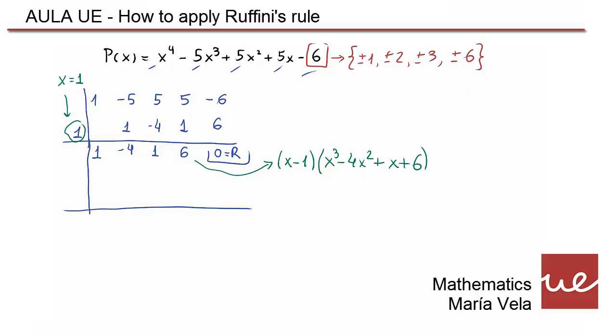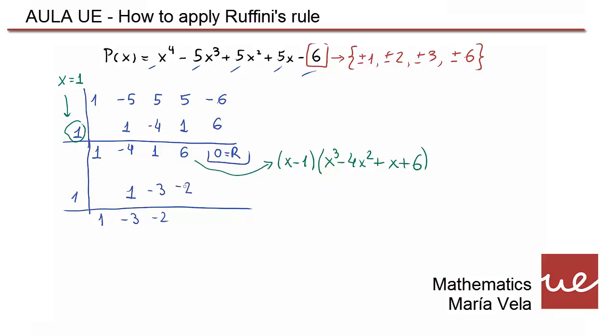This time I just realized once again that the divisors are the same. We have number 6 with the same divisors, and we are gonna try with number 1 once again. So we put 1 below, multiply times 1, 1. Minus 4 plus 1 is just minus 3. Minus 3 times 1 is just minus 3, so 1 minus 3 is minus 2.